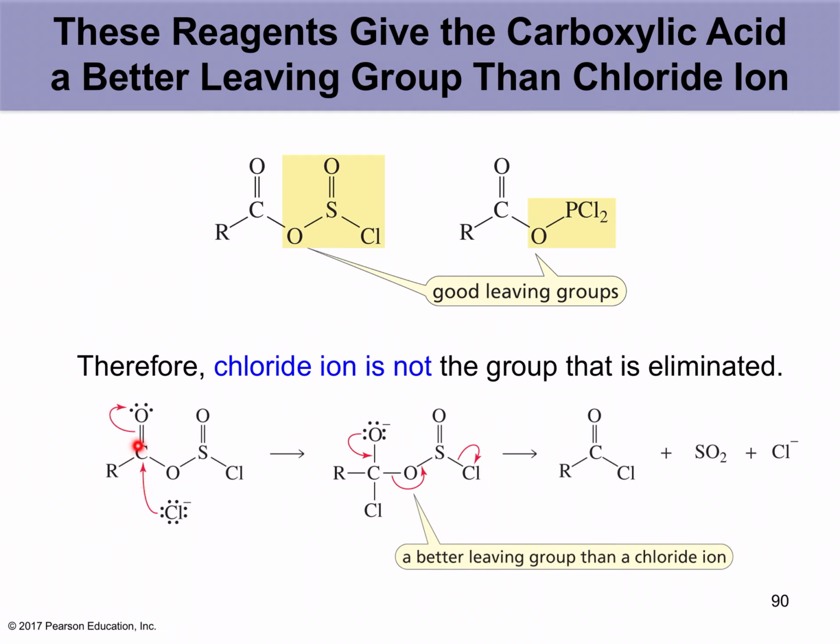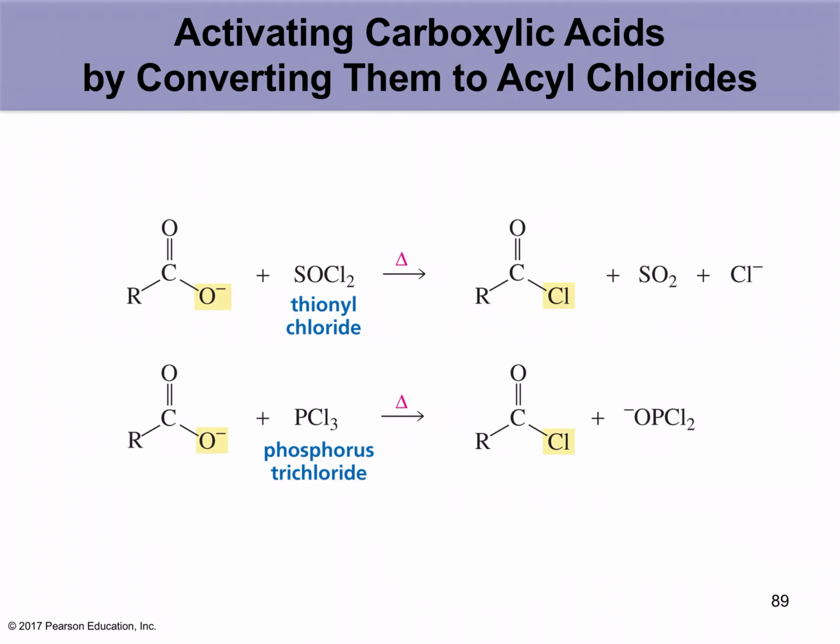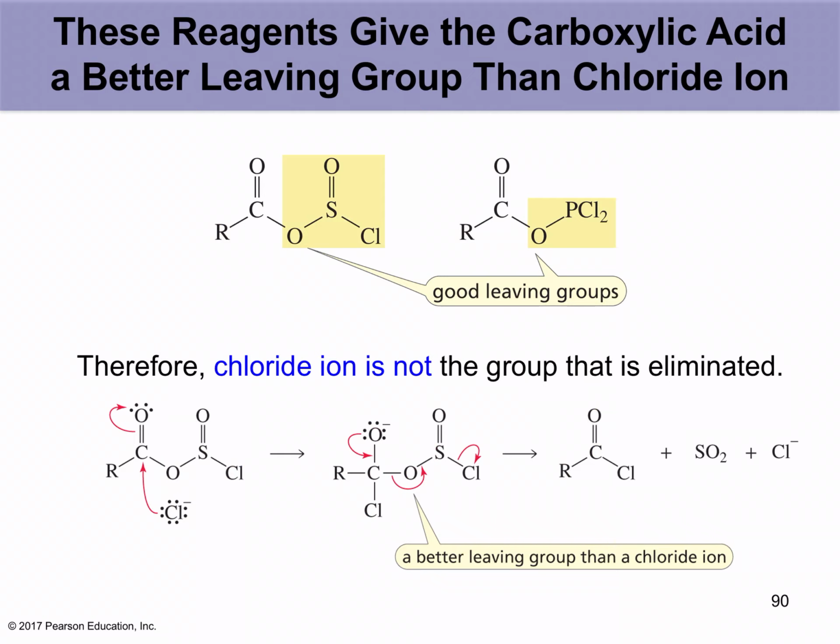So we can convert the carboxylate anion to these groups. Thionyl chloride and PCl3, phosphorus trichloride, form these intermediates, forming good leaving groups.